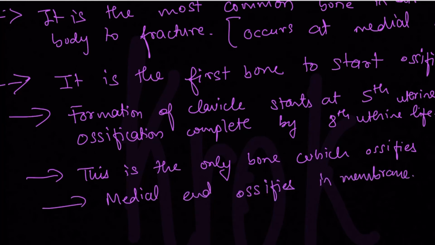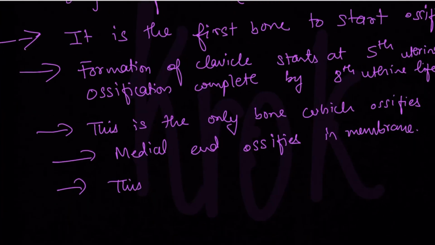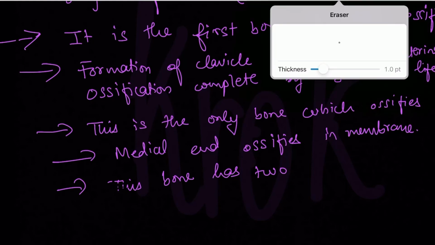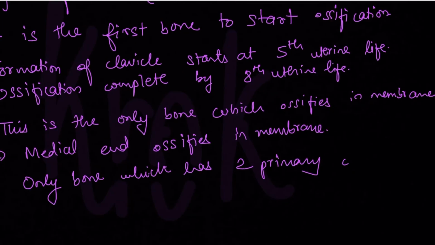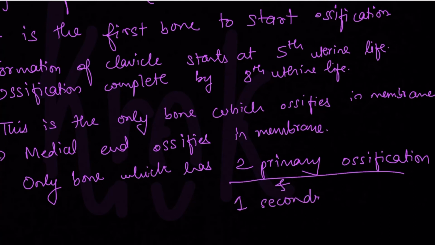Now this bone has two primary ossification centers. This is the only bone which has two primary ossification centers. Usually every bone has one primary ossification center. It has two primary ossification centers and one secondary ossification center.